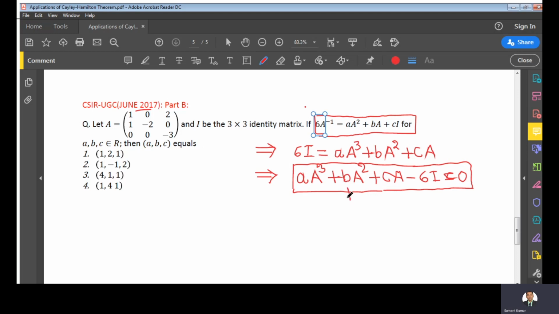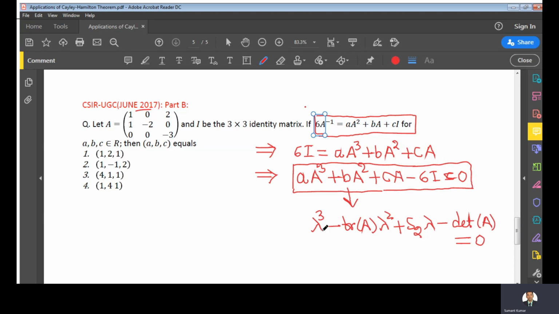So when you compare this equation with a general characteristic equation corresponding to a matrix of order 3 by 3, then what is the general characteristic equation? That is lambda raised to the power 3 minus trace of the matrix A times lambda square plus S2, that is the sum of the principal minors of order 2, times lambda, minus determinant of A. This must be equal to 0, correct?